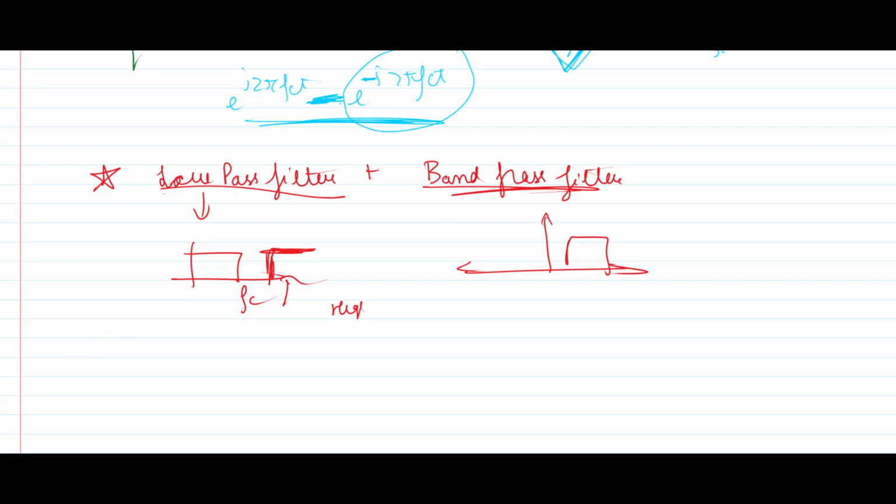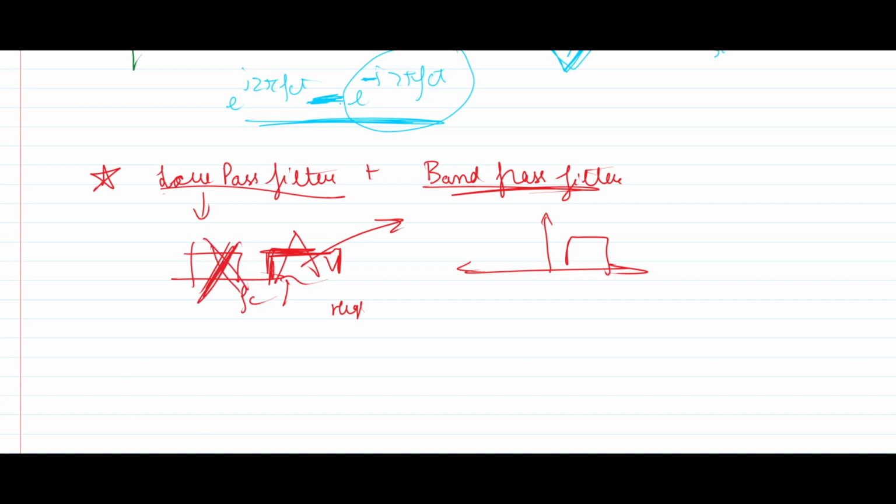So low pass filter and band pass filter questions are solved like this: you have to draw the graph like we had been drawing it, and all the signal that passes through that particular part will be transmitted, and the part that is not transmitted will be left behind.